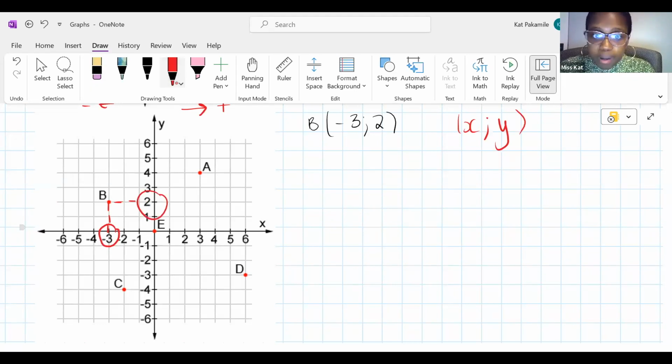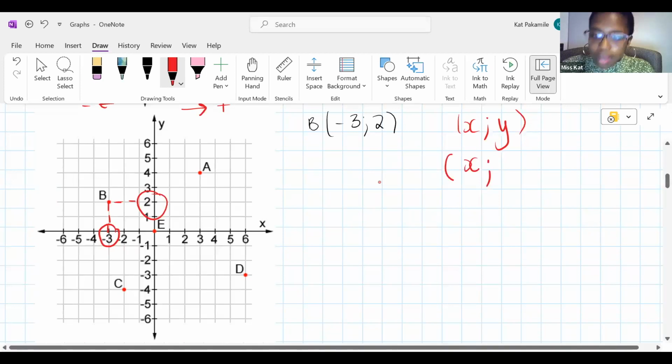Okay, I see more people have even answered in the chat, which is brilliant. Nosipo? Remember to write my coordinates properly, guys. I will not accept them otherwise. It has to be open bracket, x coordinate, semicolon, not a comma.